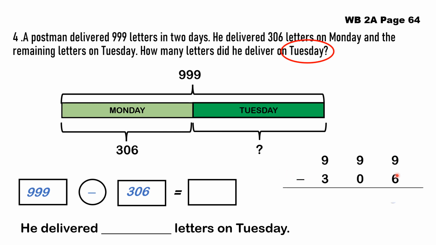So 9 minus 6 to get 3, followed by 9 minus 0 to get 9. And last one, 9 minus 3 to get 6. So we have 693. So the postman delivered 693 letters on Tuesday.